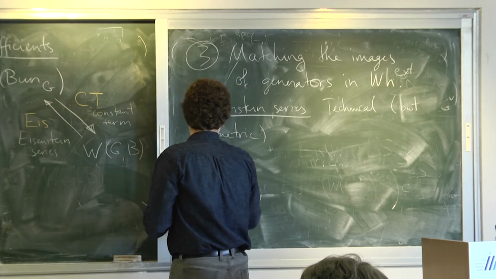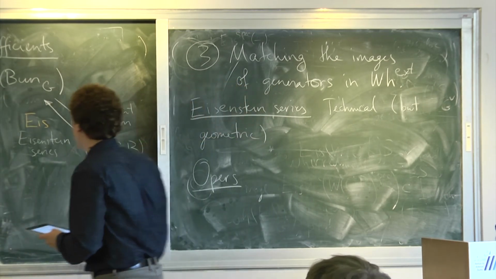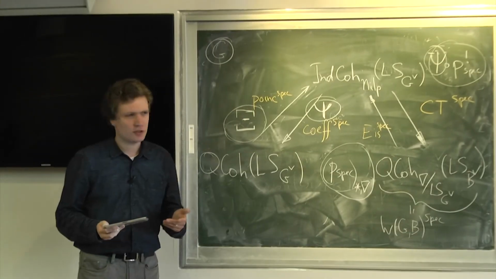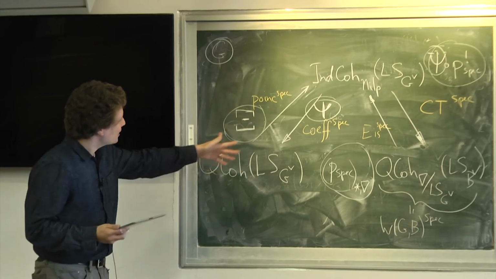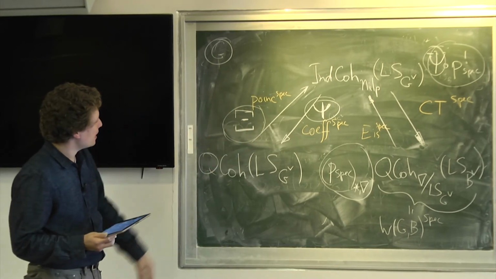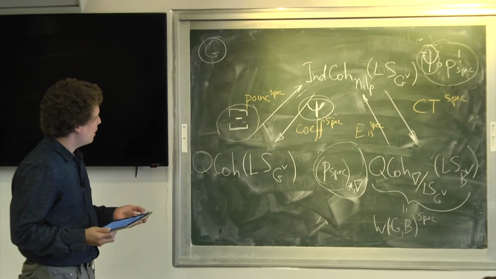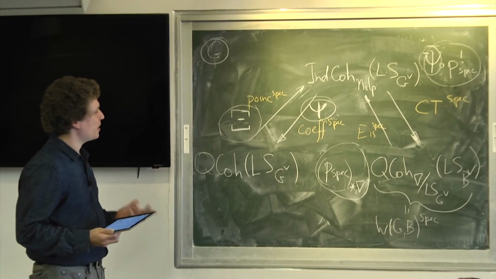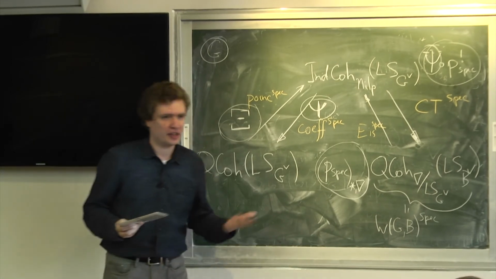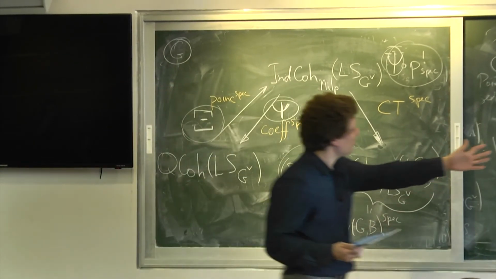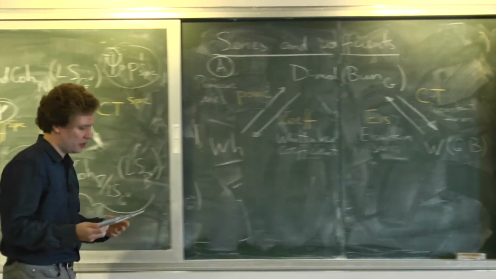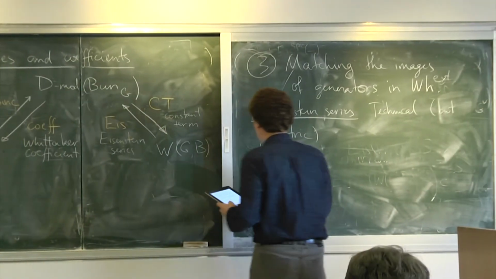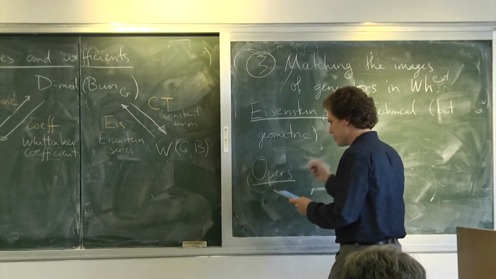And now the second type of generators, the opers. Anyway, for this second type of generators, it's hard to do this geometrically because they're not very geometric. They are like D-modules. So on the geometric side, they look like D-modules given by certain generators and relations.